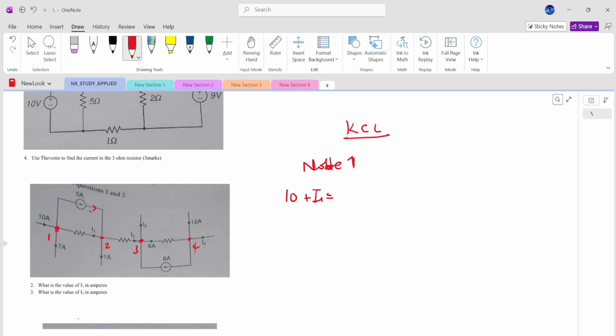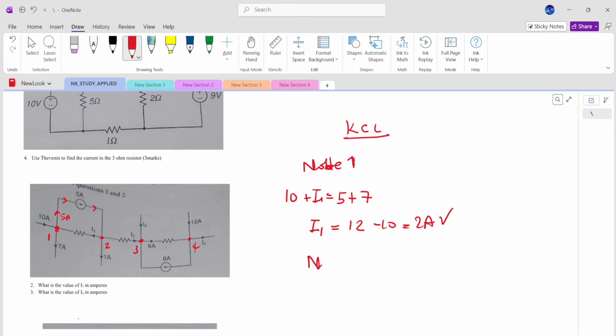So if 5 amps is leaving here, the same 5 amps comes here. It means the current from here is 5 amps, right? So we are going to have 5 amps leaving plus 7 amps, which is also leaving. So at the end of the day, my I1 is going to be equal to 12 minus 10, and that is going to give me 2 amps.